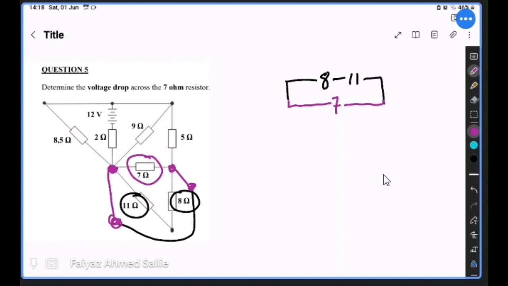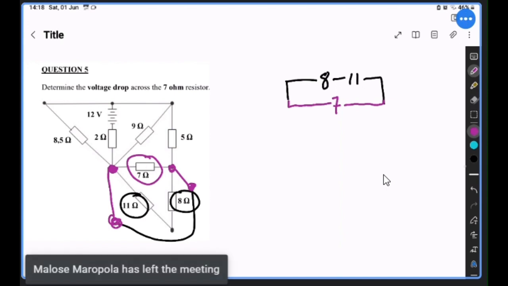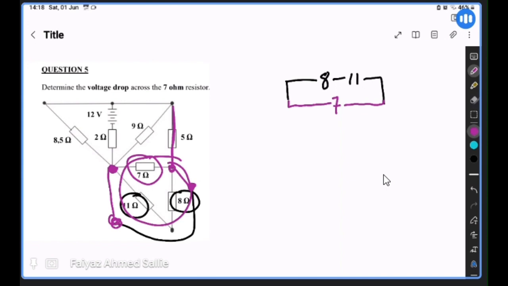So then we see that 5 is in series with this circuit over here. So we're going to draw 5 in series, right? After drawing 5, we can see that these 2 points over here are in parallel with the 9, right?